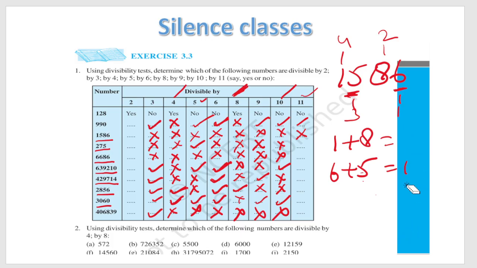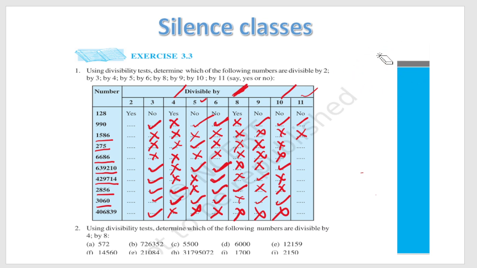First of all, we find the sums of the digits, then we subtract the two sums. If the result is 0 or a multiple of 11, the number is divisible by 11. Otherwise, it is not. Now 275: ones place, second place, third place.